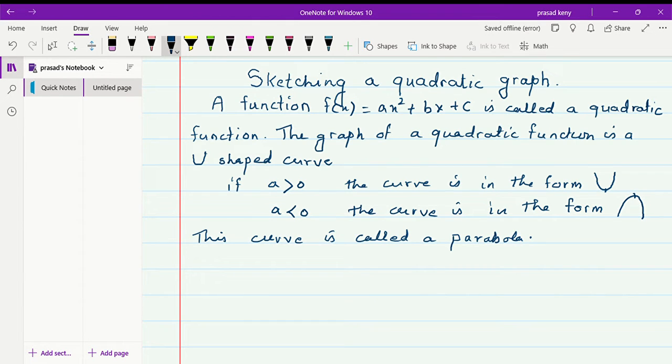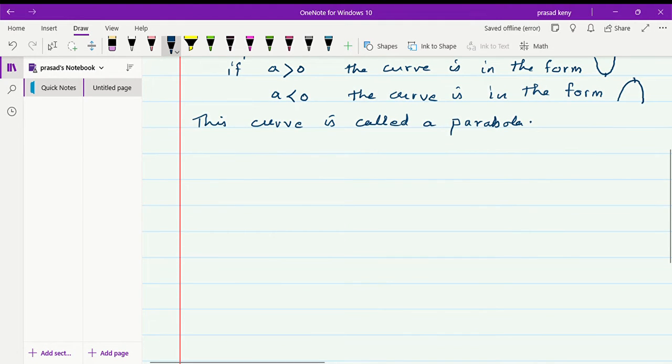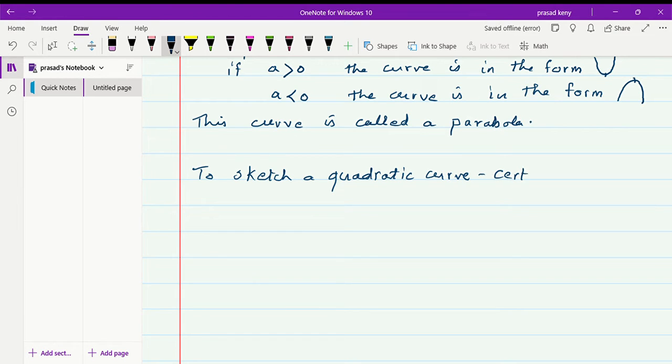Now to sketch a quadratic curve, certain points are to be fixed or determined.